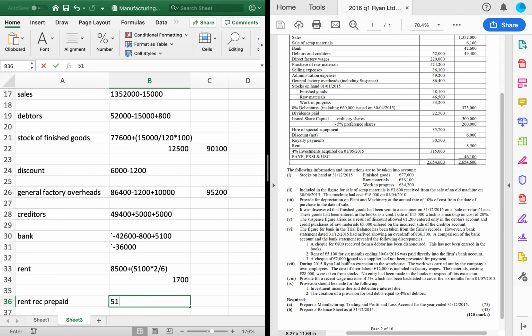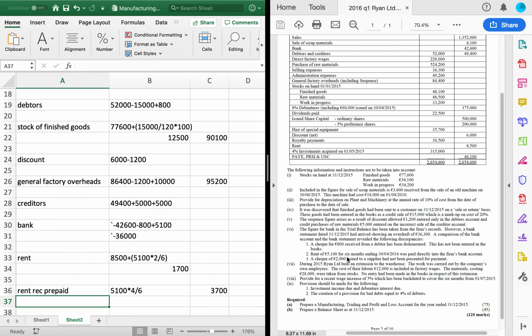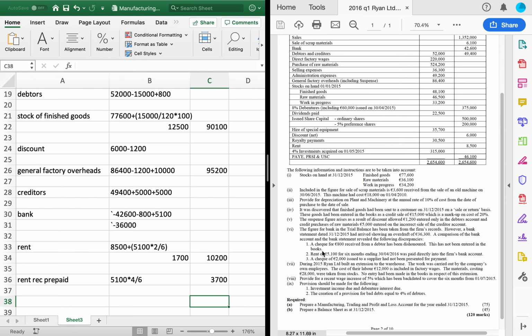So the 4,600, and that'll be 3,700. So that's going to be a liability, money we owe back on. So your rent is 85 plus 1,700. Okay. Check for 2,000 and not been presented for payment. So we've it paid 2,000.